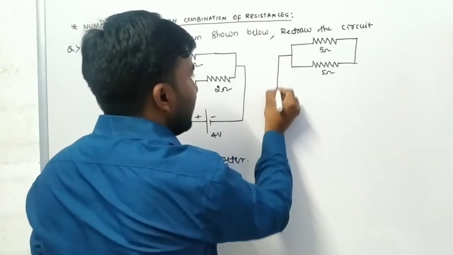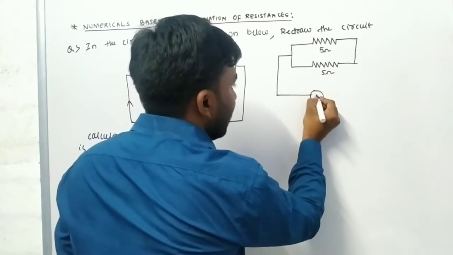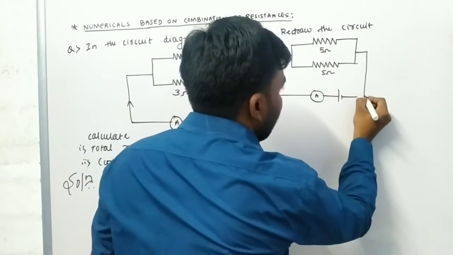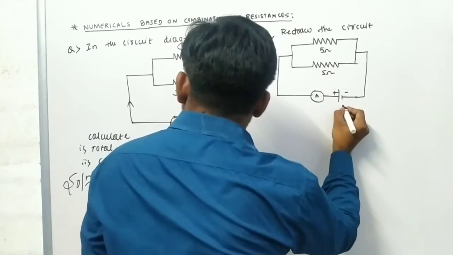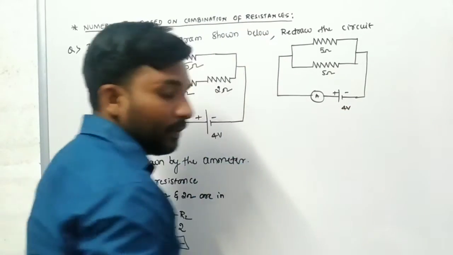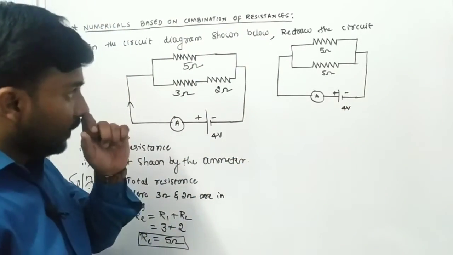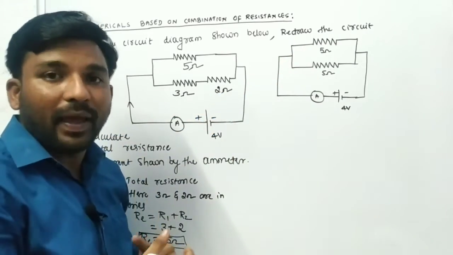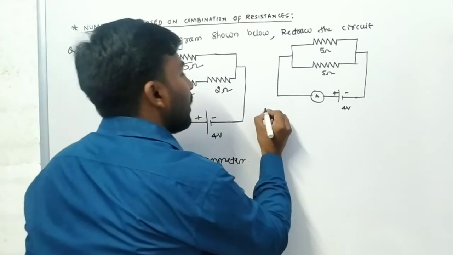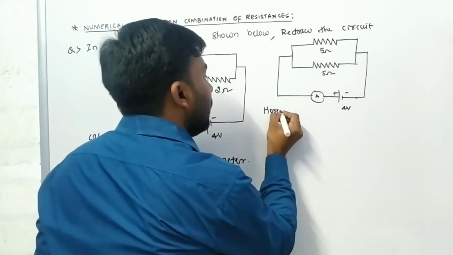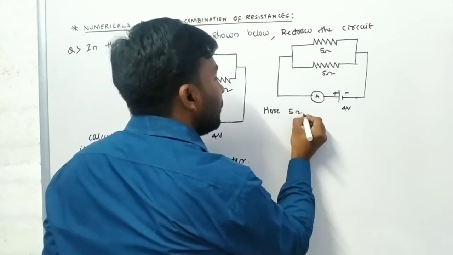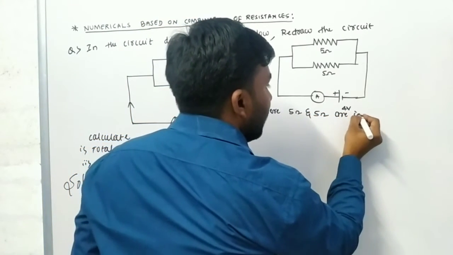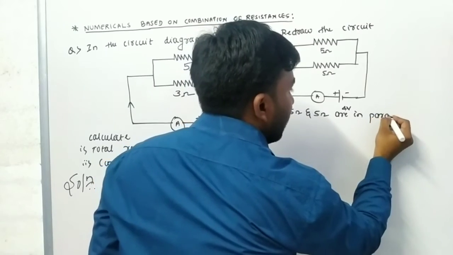And these two are connected across ammeter and the cell having potential difference 4 volt. Now these two resistors are in parallel. Here 5 ohm and 5 ohm are in parallel.